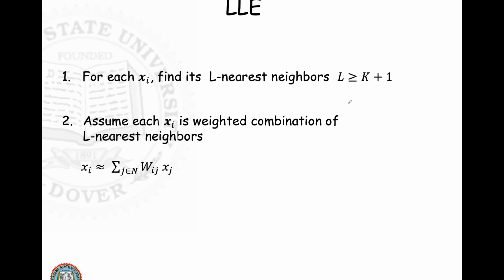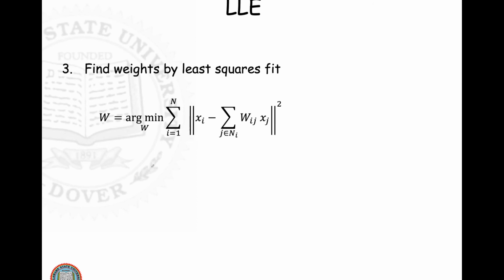So that means that point xi is approximately equal to the sum of each of the xj's from neighborhood Ni, that's the neighborhood of xi, weighted through some weight, right? Okay, so again, each of the entries corresponding to a neighbor are going to be non-zero, and each of the entries corresponding to a non-neighbor are going to be 0.